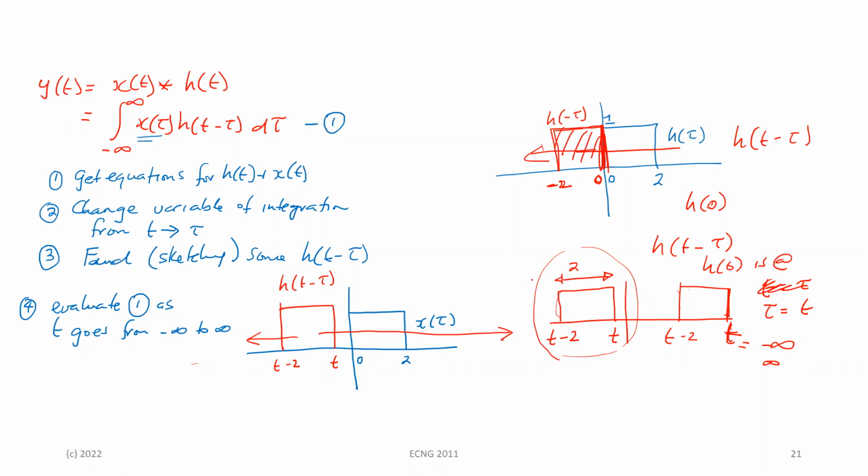Right. Now what we're trying to find out is, the integral in equation 1 asks us to evaluate this expression as the variable t moves all the way from minus infinity up to positive infinity. All right, so this is what we have to do now. Let's see how that works.